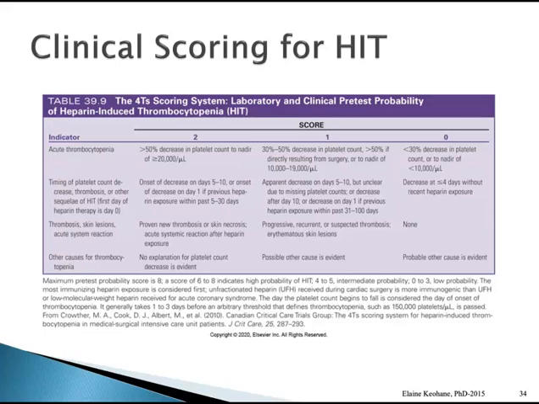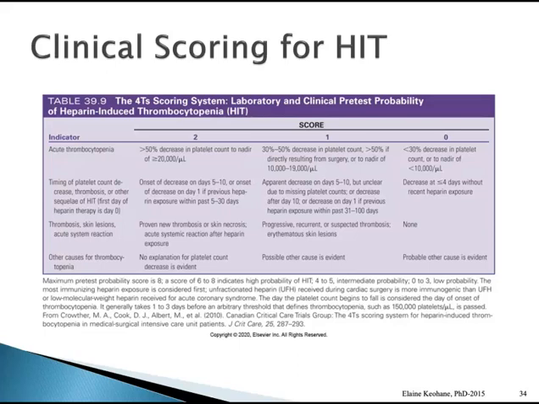The patient would get a score of 1 if there's a 30 to 50% decrease in the platelet count, and more than 50% if it is directly resulting from surgery, or if there is an apparent decrease on days 5 to 10, but unclear due to missing platelet counts.